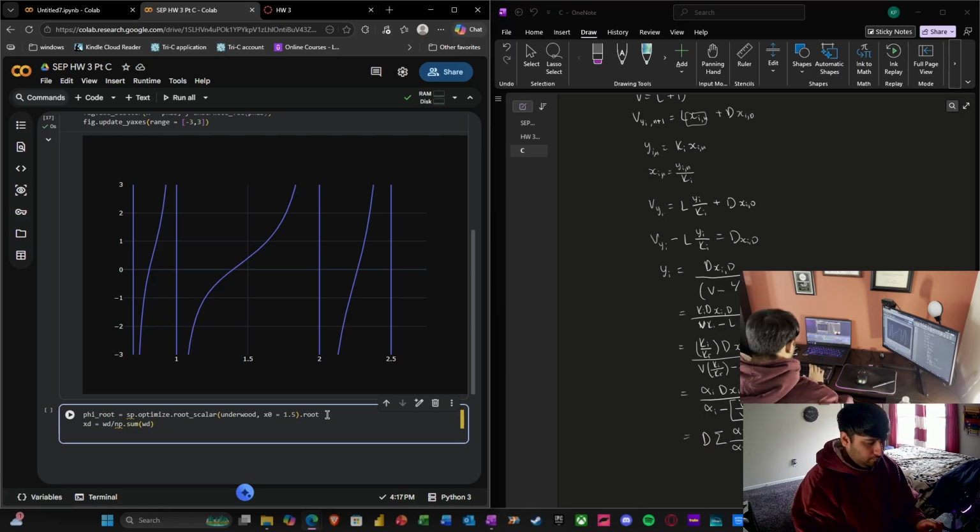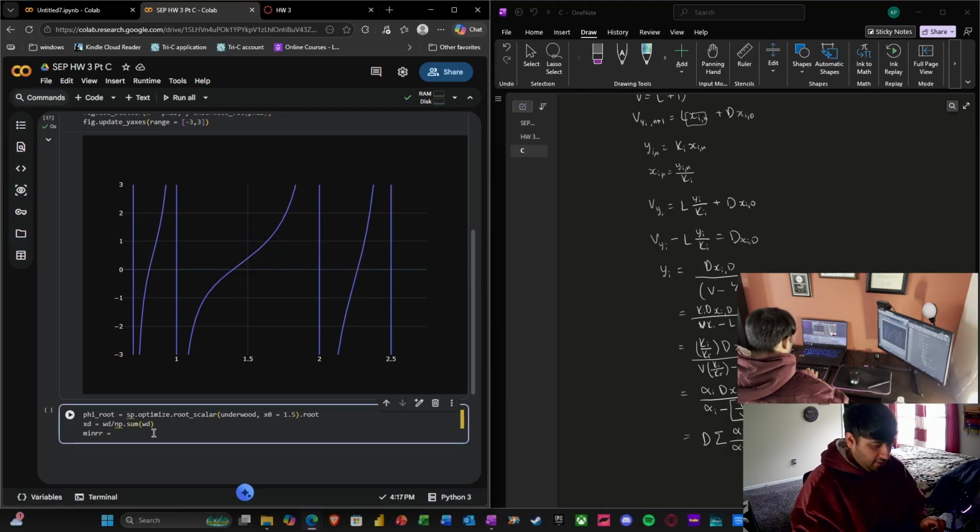And then we're going to take our minimum reflux ratio, and we take our np dot sum of our Underwood equation that we found earlier.